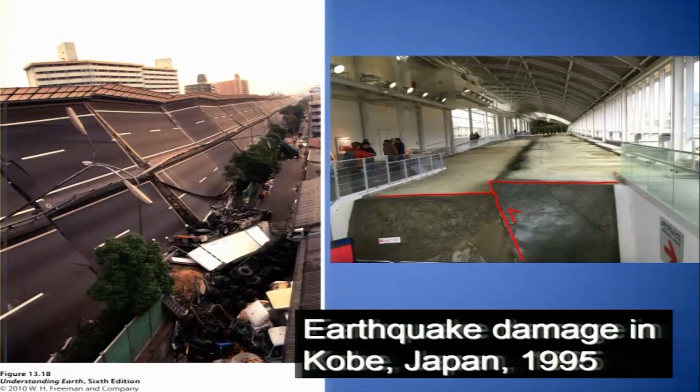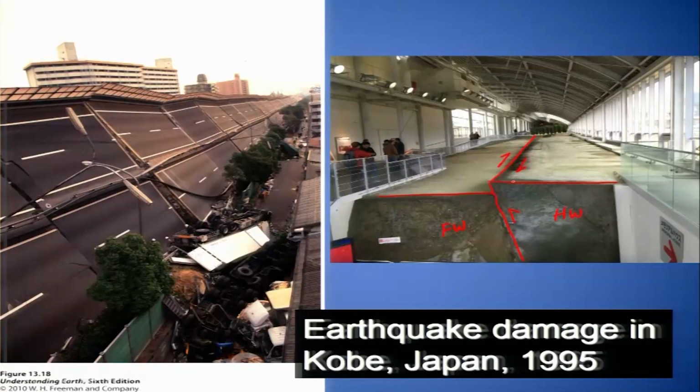In one of my lectures I was explaining that we can have dip slip movement as well as strike slip movement. The movement along this fault during the Kobe earthquake was oblique. So this block is your hanging wall, and this is your foot wall. The hanging wall moved up as well as in a right lateral direction.